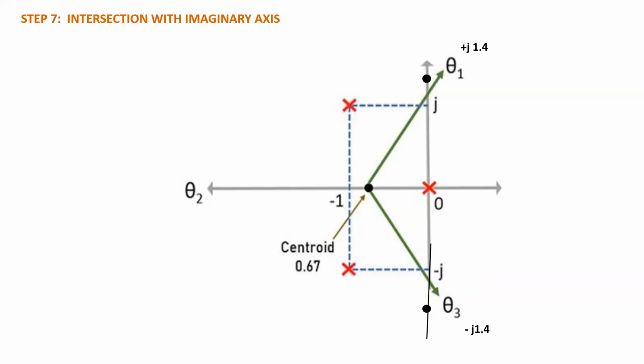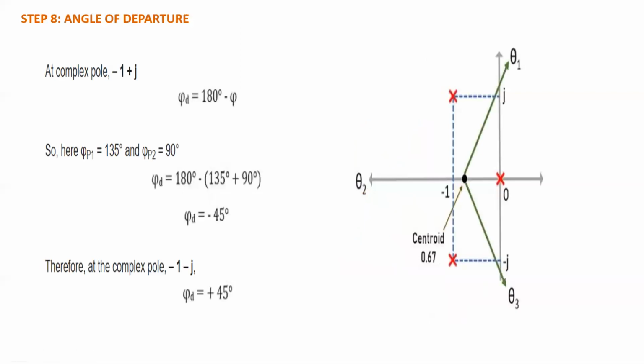To do that, we have the angle of departure. The angle of departure of this pole is 180 minus the summation of all the angles from this pole. This angle over here is 135 degrees with respect to 0, and this angle is 90 degrees.